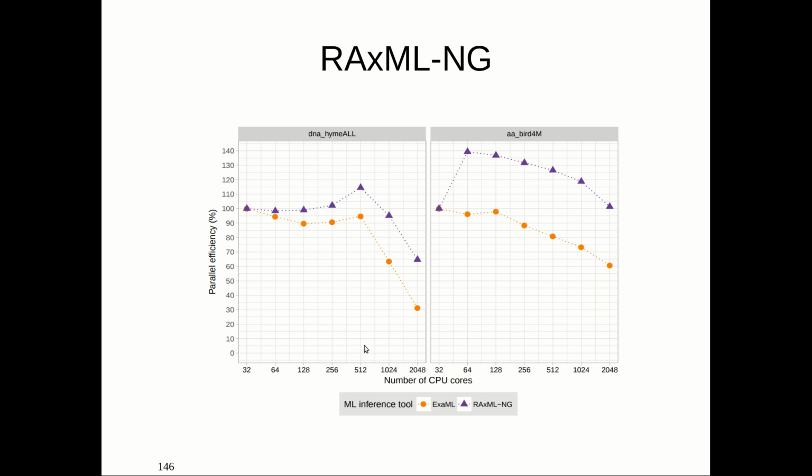Because the more cores we use, the larger the accumulated cache memory that is available. And as likelihood-based programs do a lot of memory accesses all the time and don't reuse their data that much, cache efficiency really plays an important role. So you can see here that for protein data, we even achieve parallel efficiency of 140% just because the accumulated cache memory is so much larger.